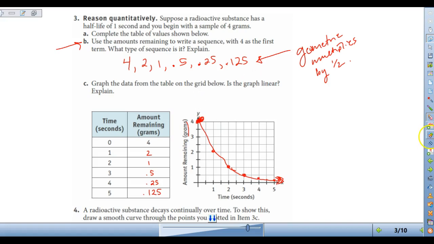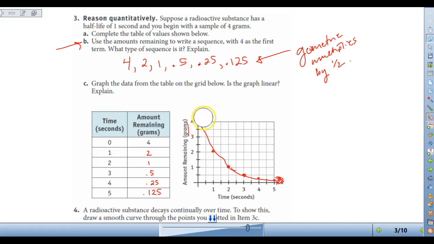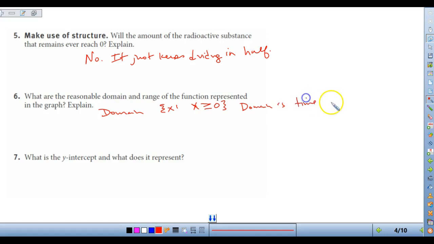It doesn't go any farther back than 0. And y value, the highest it ever went was 4, but it keeps getting smaller and smaller and smaller, but it never reaches 0. So for our explanation here, domain is time and cannot be negative.